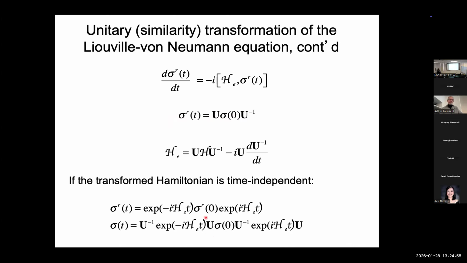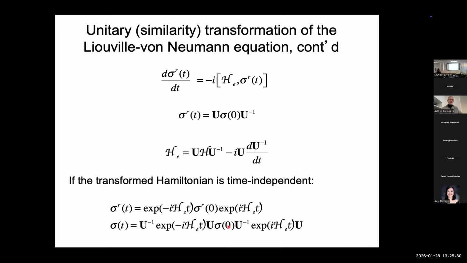So down here, we said sigma of T in the rotating frame was going to be e to the minus iHt, sigma R at time 0, e to the iHt. So I substituted here U sigma U minus 1, and then I pre-multiplied by U minus 1 and post-multiplied by U to get everything back.